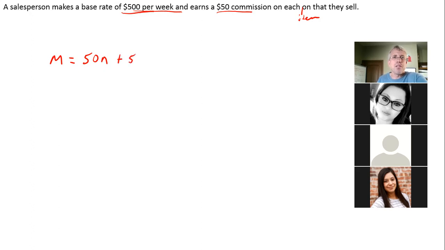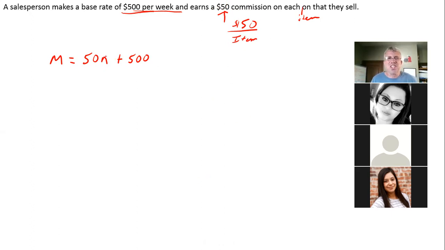Plus I make $500 per week no matter what. So $50 actually does represent a rate because it's $50 per item. Change in money per change in items sold.